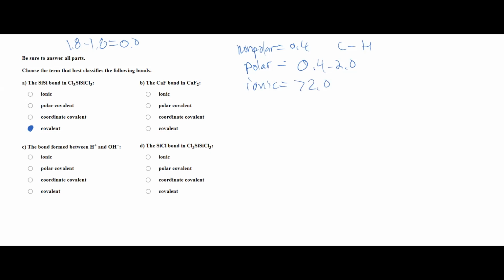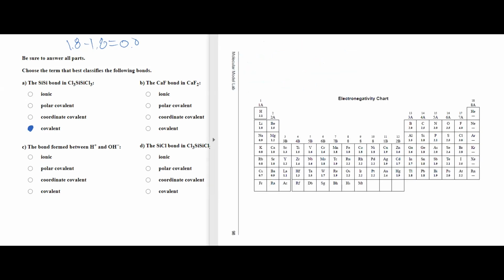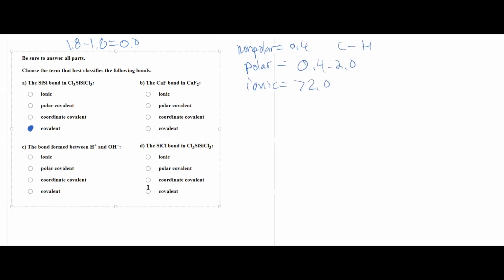Looking at calcium and fluorine, calcium here is going to be 1.0 and fluorine is going to be 4.0. So 4.0 minus 1.0 gives us a difference of 3.0, which is definitely an ionic bond.